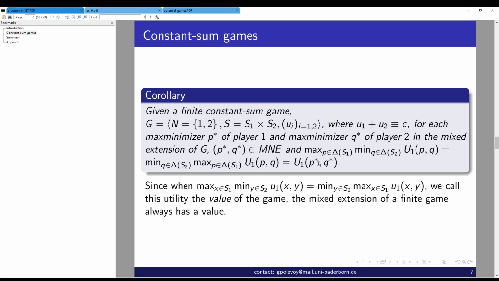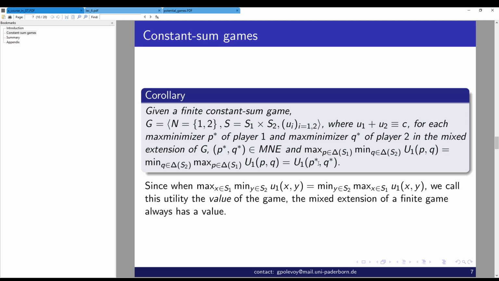I remind you that one of the things we defined is the value: when the maximum of the minimum is equal to the minimum of the maximum, then we call this common utility value the value of the game.